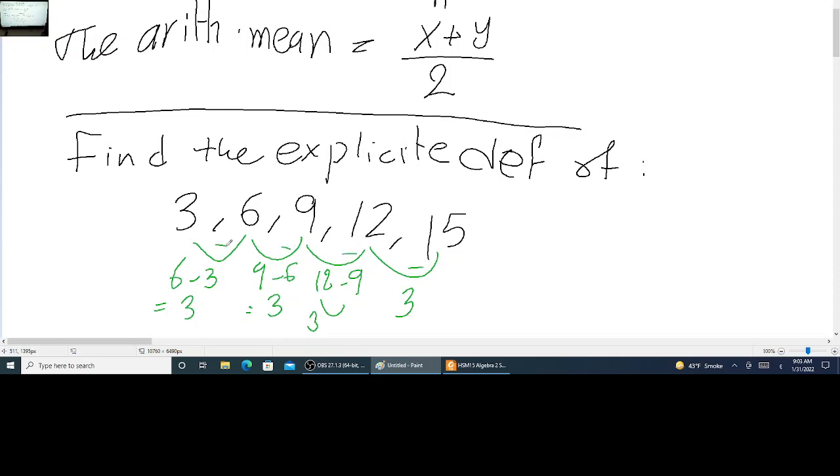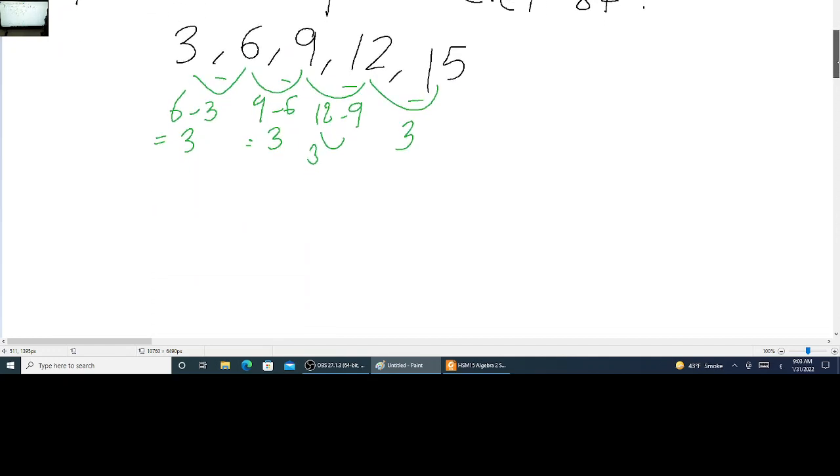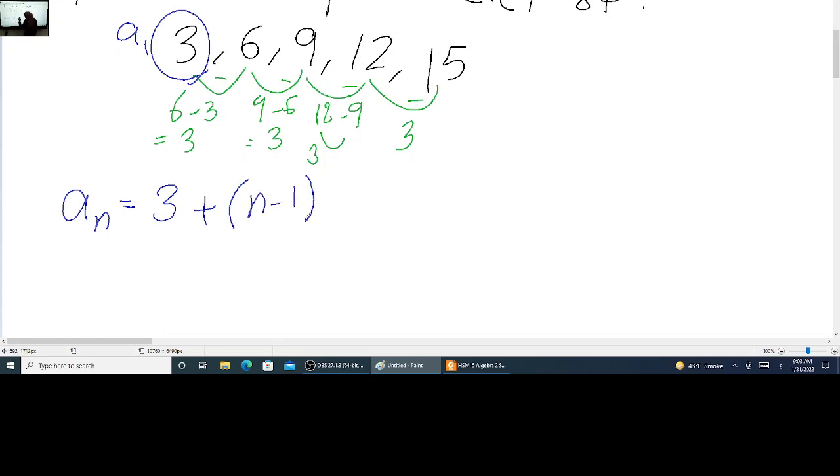In this case, we say that this sequence is an arithmetic sequence. So the explicit formula: an equals a1, which is 3, plus n minus 1 times d, and d is 3.